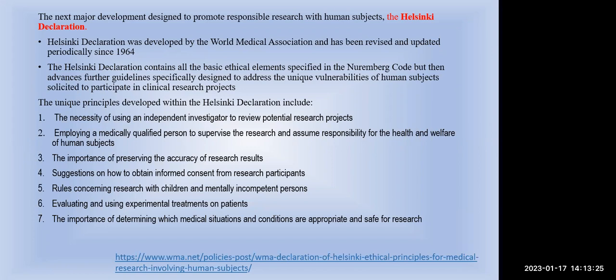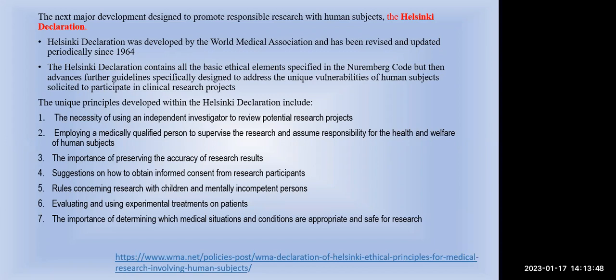The other important principle is the suggestion on how to obtain informed consent. Informed consent is very important in any research on human beings, and any participant should give their consent to participate in that research.